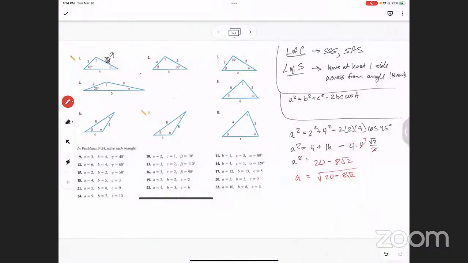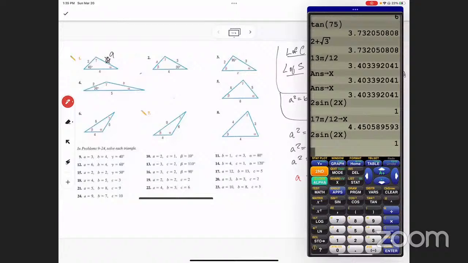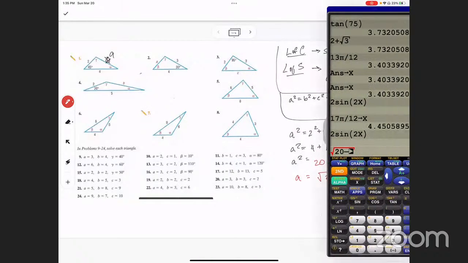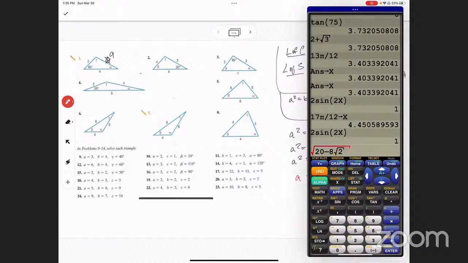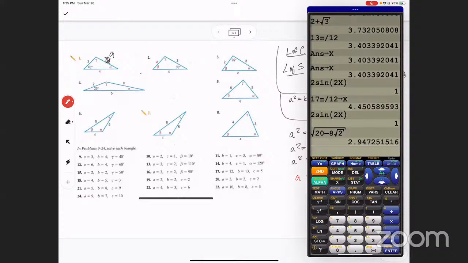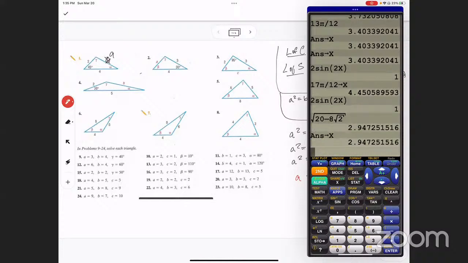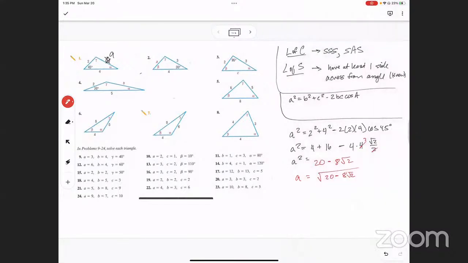That's 2.947, and we're going to store that for x. You remember how to use that store button? So 2.95, I'll say. I don't know what they want you to round it to, but I'll round it to 2 decimal places.